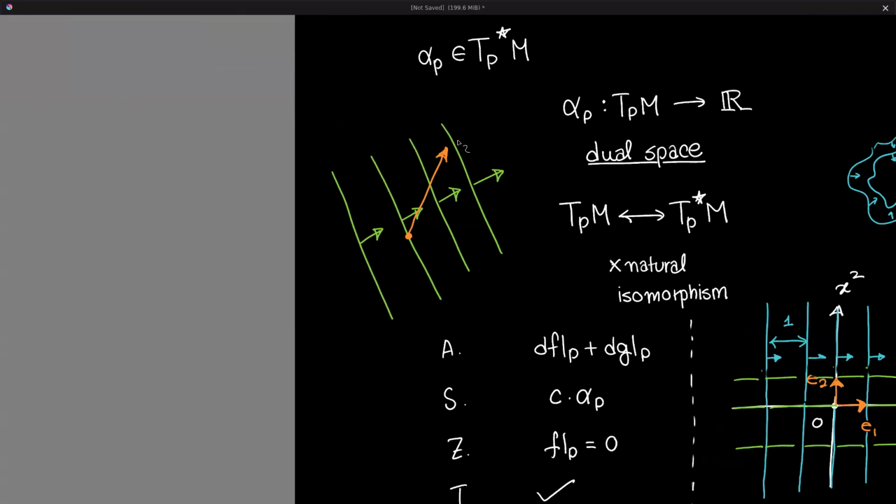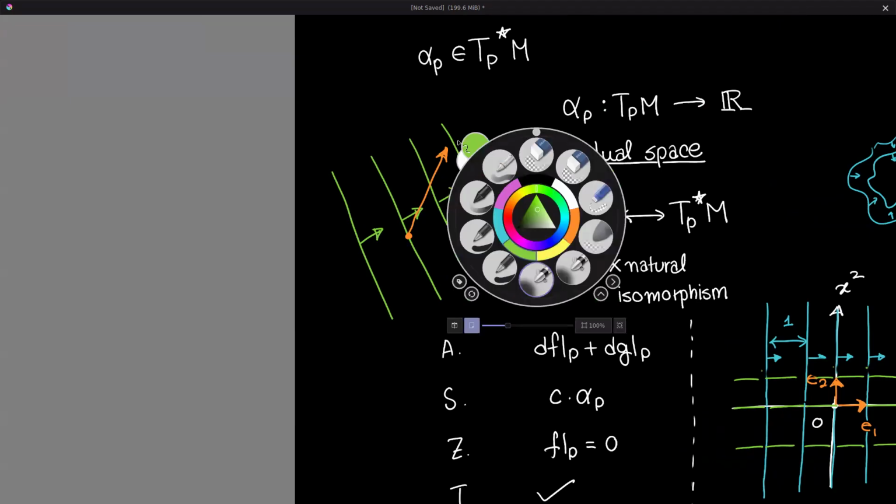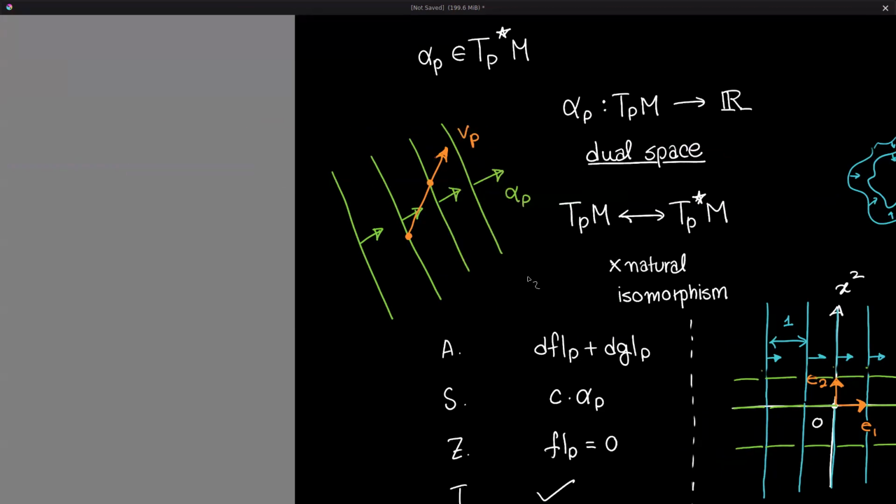Here it asks: how many times does the vector intersect with this covector? If you're thinking about it purely geometrically, how many times does it intersect?